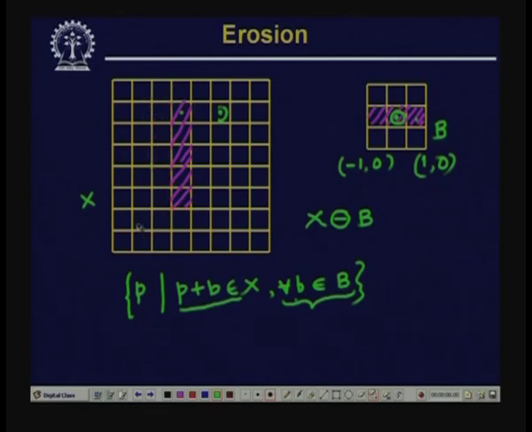So, the given image X, when eroded with this particular structuring element capital B, the eroded output will be given only by these points and the other points will be removed from the eroded output. So, this is what we get in erosion.